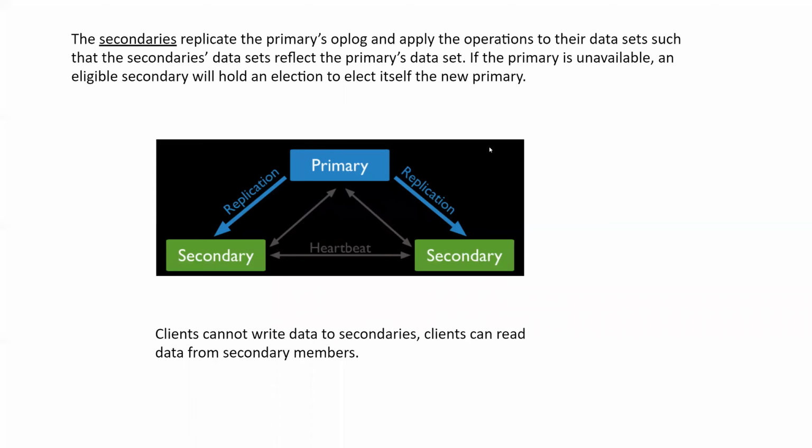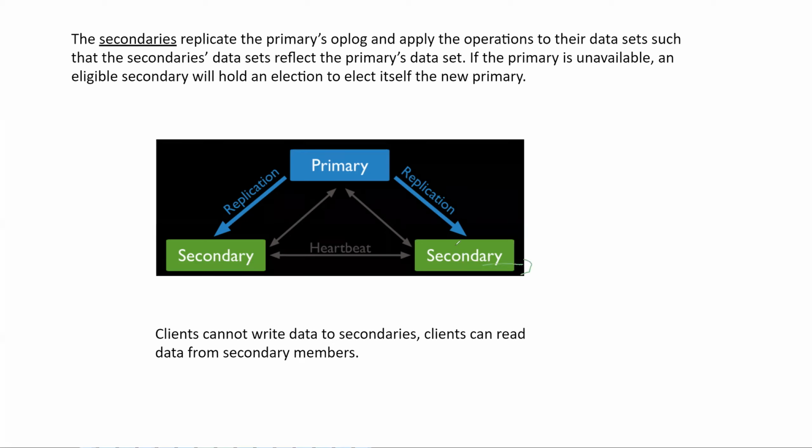If the primary is unavailable, an election happens, and an eligible secondary will hold an election to elect itself as the new primary. This can be an arbiter node as well. So we can have one primary, one secondary and one arbiter node here.